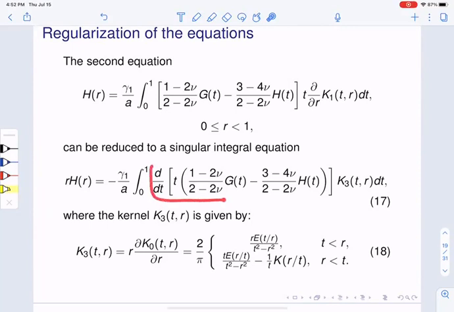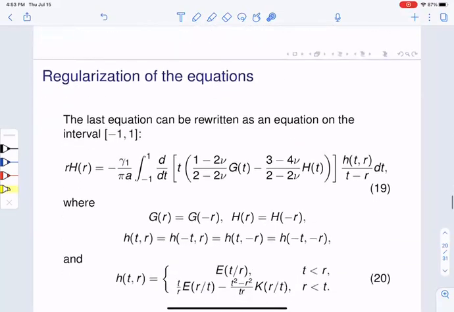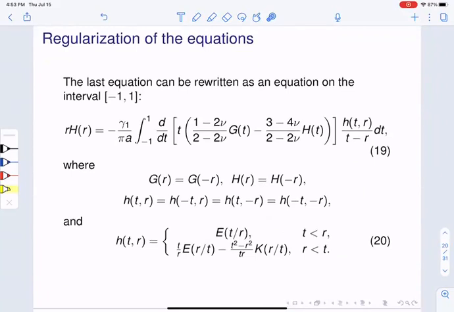Then we integrate additionally, since we have a derivative here. That gives us 2 constants. One of those constants allows us to fix that this is equal to 0 at t equals 1, so that condition ends up being satisfied. And then we have one additional real constant over there. So at this point, we end up with 2 Fredholm type equations with 2 additional real constants. And this is just a continuation of regularization.